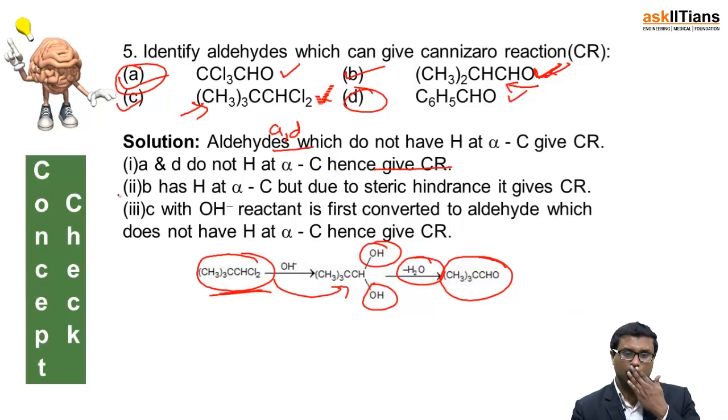So these are the two important points. C doesn't have alpha hydrogens, but it can also react with sodium hydroxide to give the Cannizzaro reaction, because the alcohols will be formed by removal of chlorine, and again dehydration takes place to give an aldehyde. And B, because of steric hindrance, gives the Cannizzaro reaction.